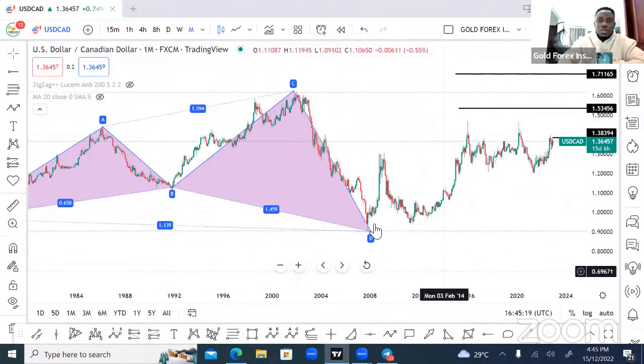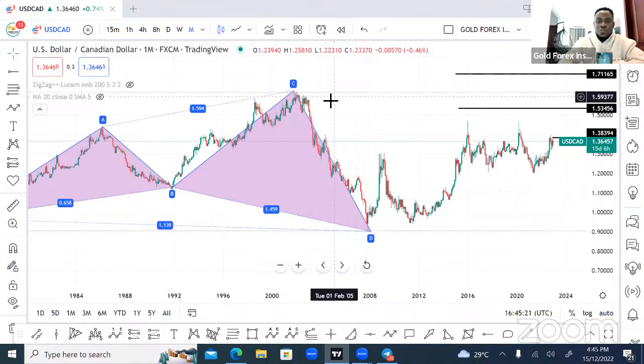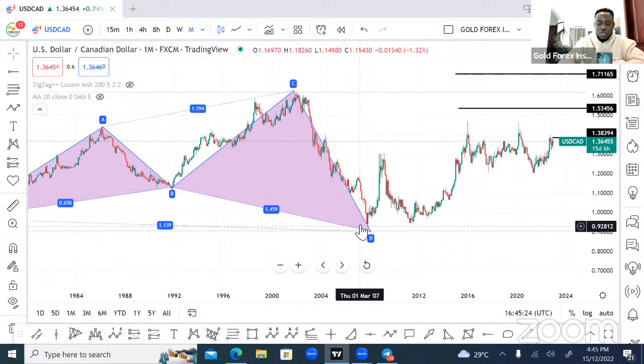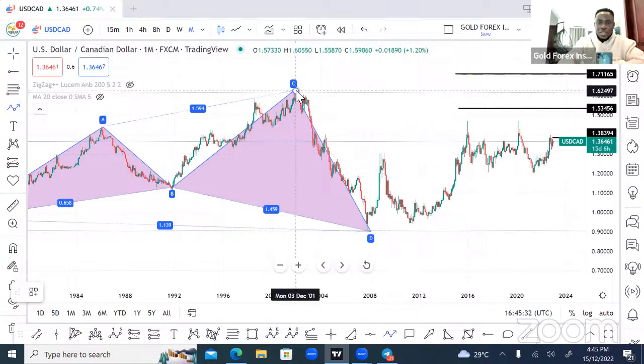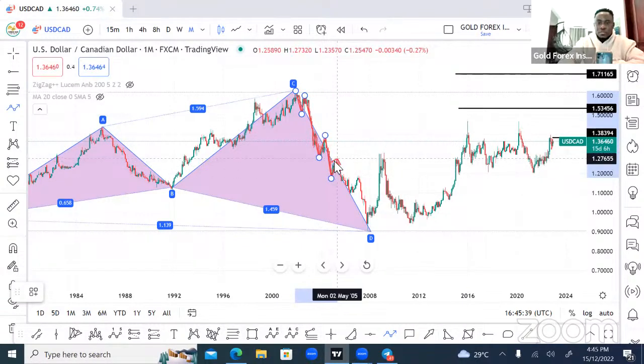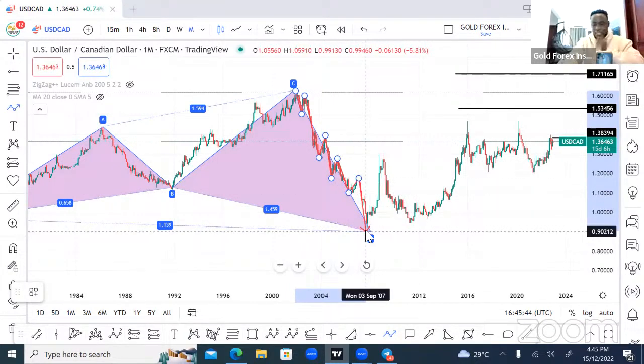Now, from the C to the D it also formed another impulsive move. You can see over here that the B is always the break of market structure. I tell you guys that the originator of harmonics was not able to identify that the B of the harmonic pattern should always be the break of market structure.